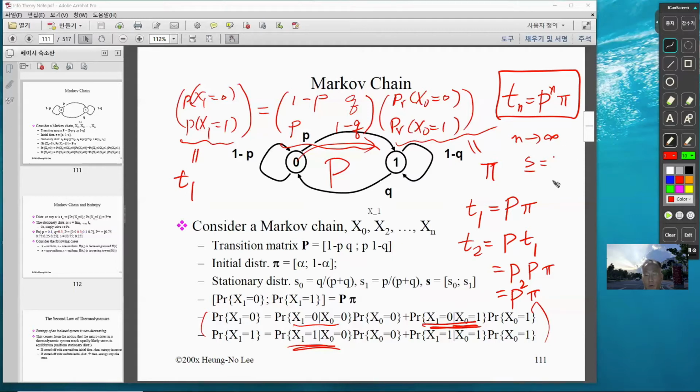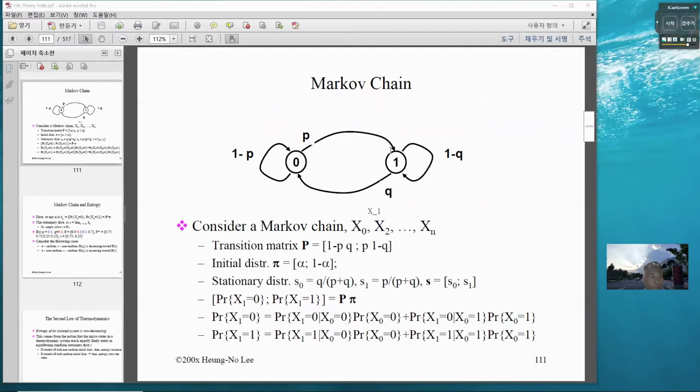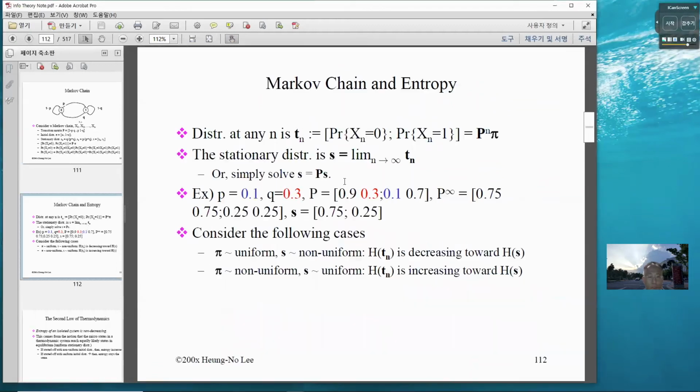That's what we call S, vector x. We will call S0 and S1. And this is a stationary distribution. All right. So that's what I had in the previous page. So distribution at any time point n is P nth power times pi.